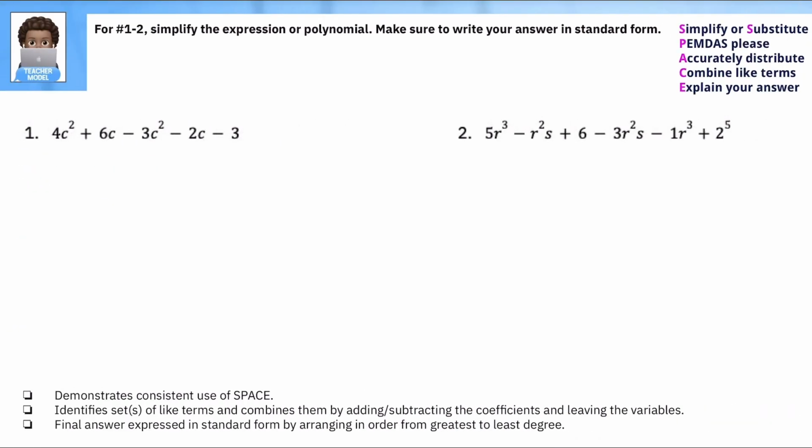Okay, well, here we have 2 examples. Let's start with the first one. I'm going to start by, again, identifying any like terms. Notice how I'm doing negative 3c to the second power. I'm highlighting that as well.